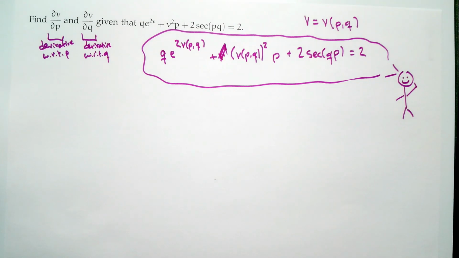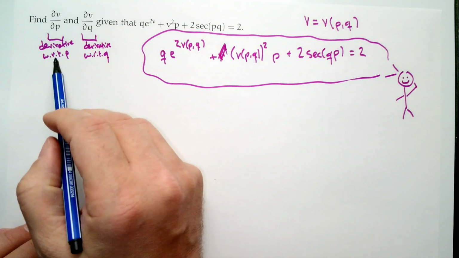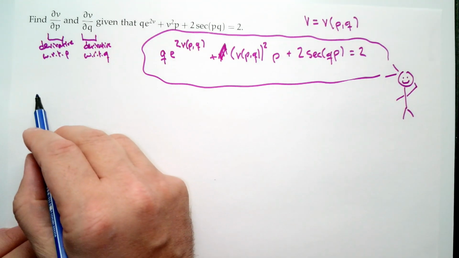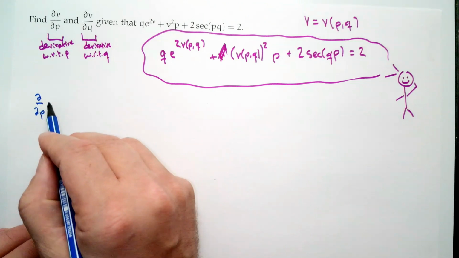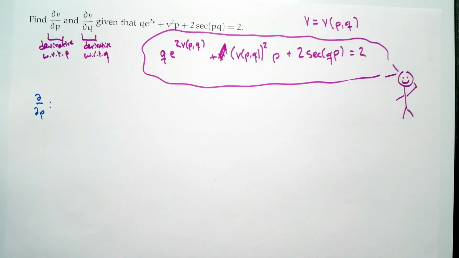Suppose I want to take the derivative with respect to p. I can denote that partial p. And what that means is I'm going to take the derivative of both sides with respect to p.